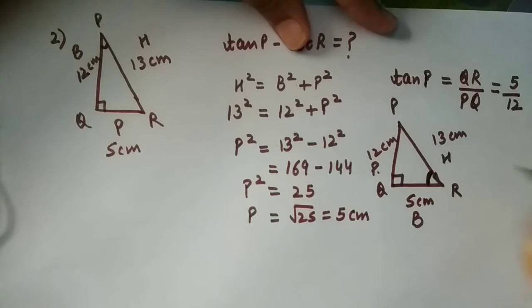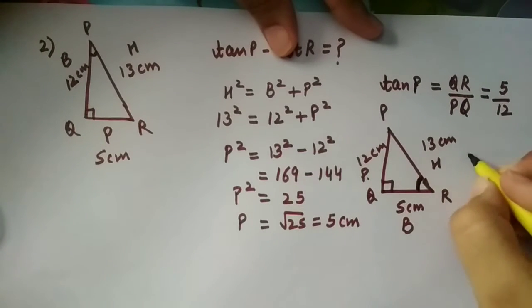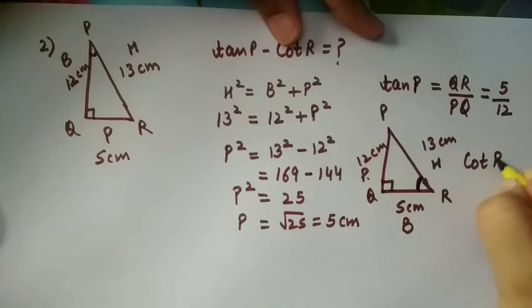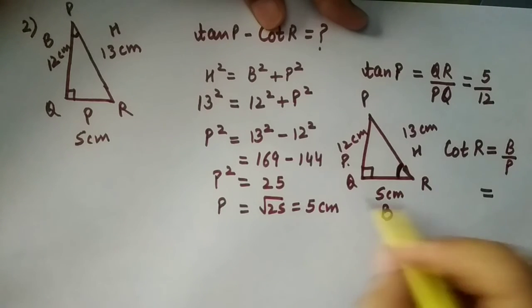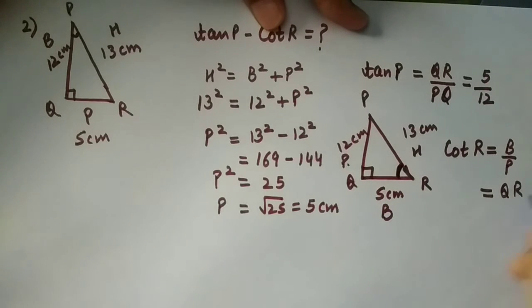Now we will find cot R. Cot is the reciprocal of tan, so cot is base upon perpendicular. Base is QR and perpendicular is PQ.